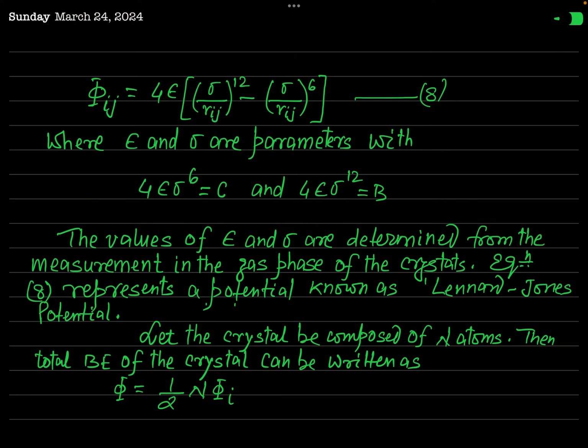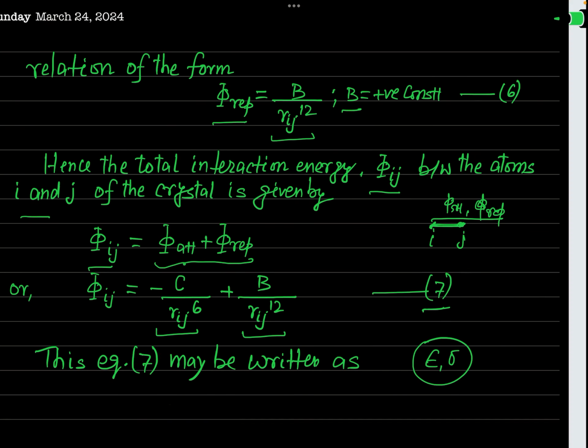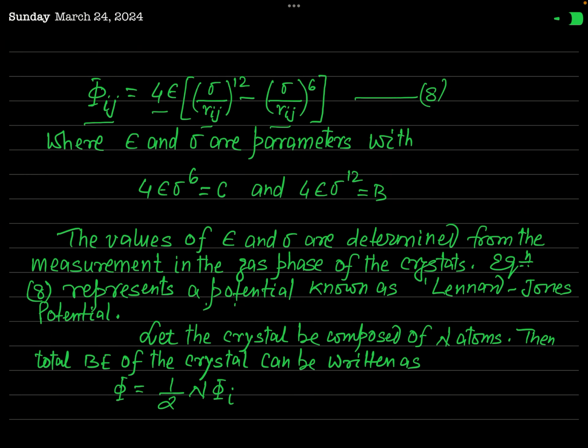So when we express this equation in terms of these two parameters, you can write phi ij equal to 4 epsilon times sigma over rij whole to the power 12 minus sigma over rij whole to the power 6. Actually here, in place of C and B, what has been written?